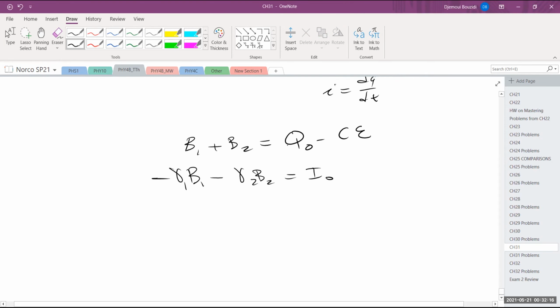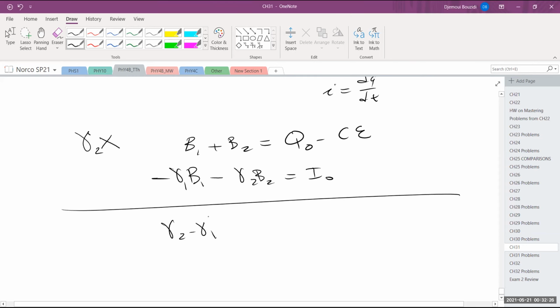Let's put the negative signs in here. This is how we typically process this type of equations. We multiply the first equation by gamma 2 and add them side by side. When we do that, these terms cancel. So what we're left with is gamma 2 minus gamma 1 times b1 is equal to q naught times gamma 2 minus C epsilon gamma 2 plus I naught.